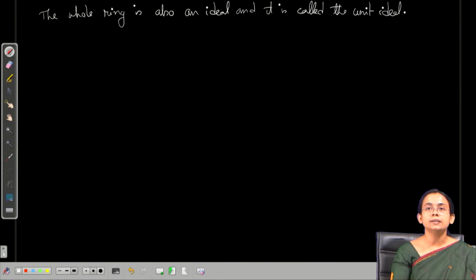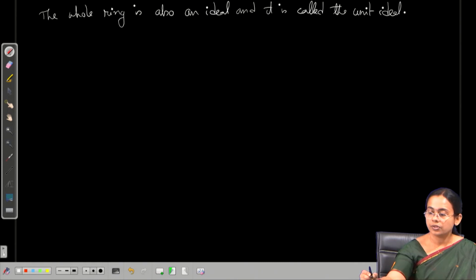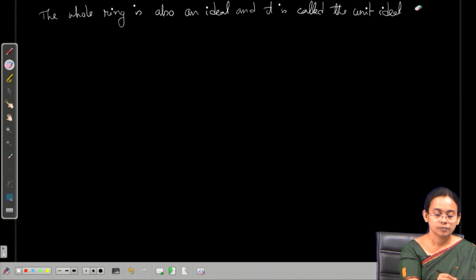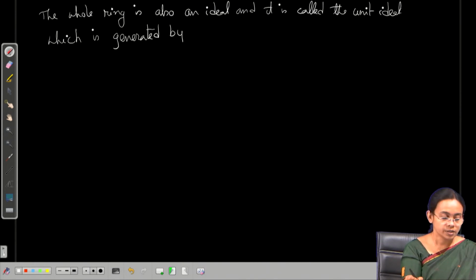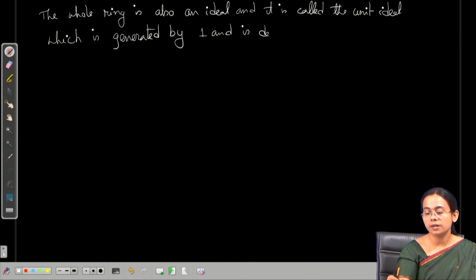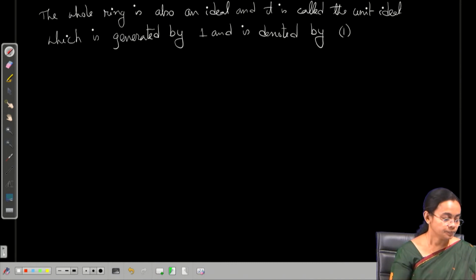In fact, we can see that this ideal is also generated by a single element, and that single element is nothing but the multiplicative identity element, and it is generated by 1 and is denoted by the notation, the ideal generated by 1.